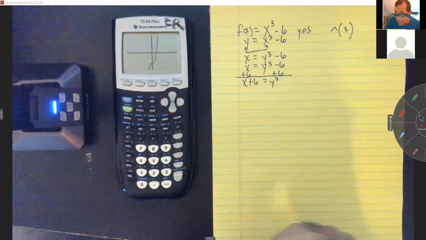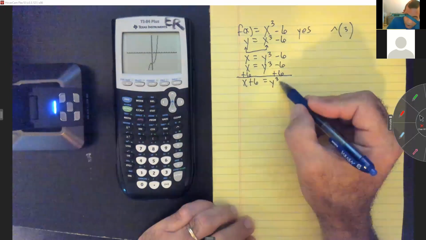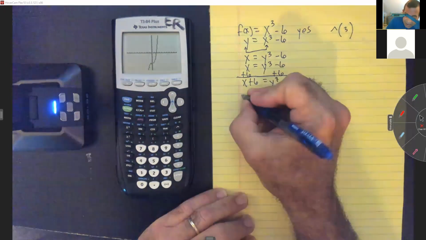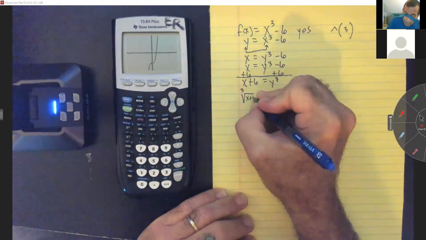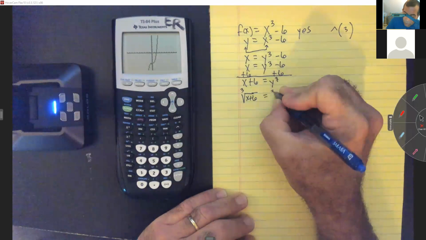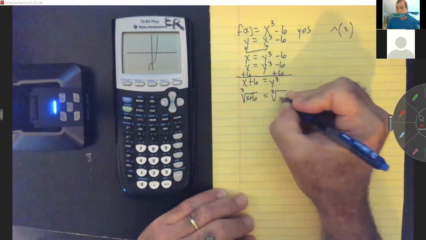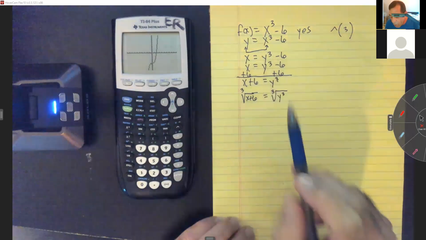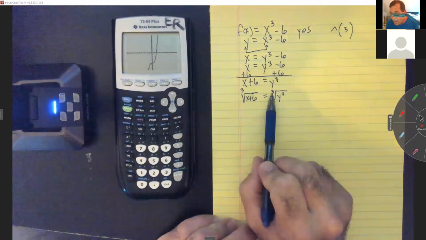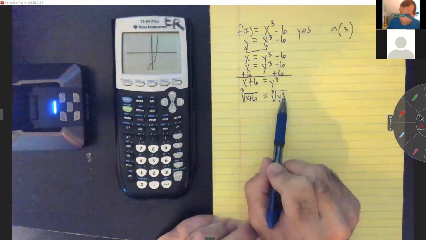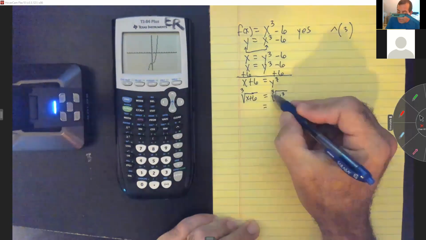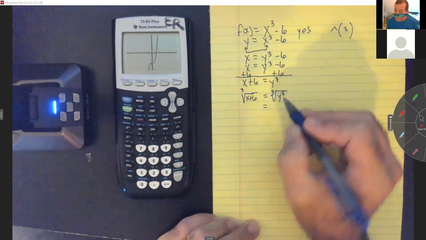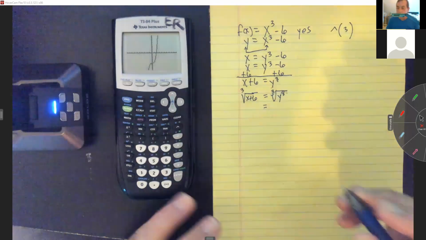Since this has an exponent of 3, you want to come to both sides and take a cube root. So I'm going to take a cube root of y to the third. The root has to match the exponent, because if this root matches this exponent, they cancel each other out, and all that's left is my y.